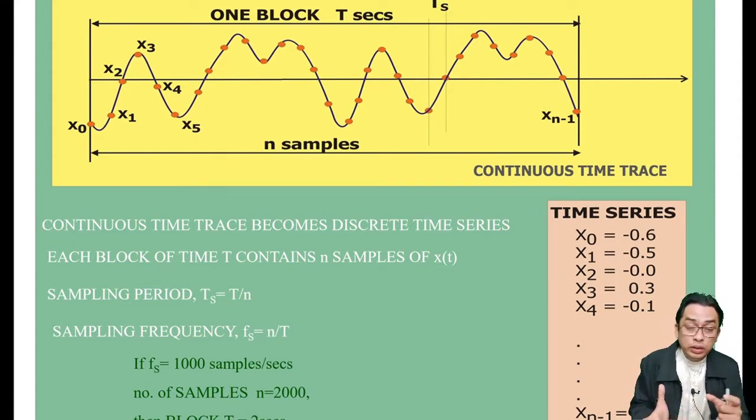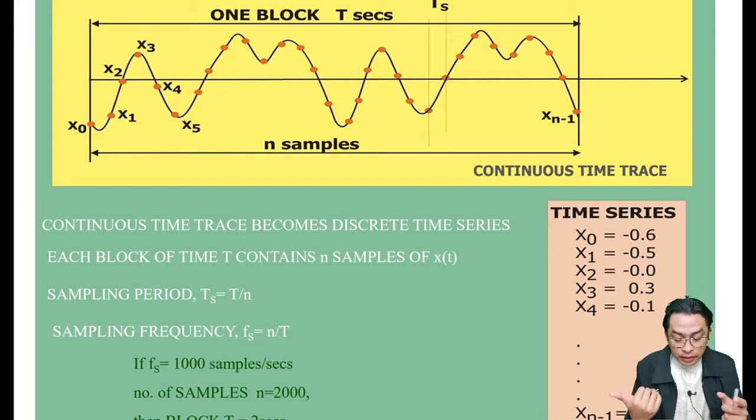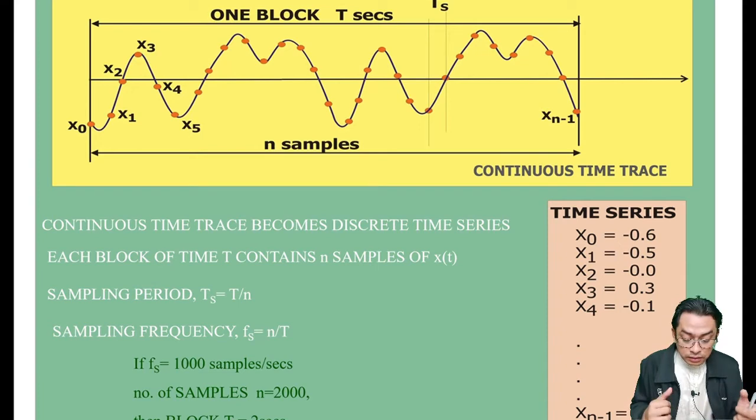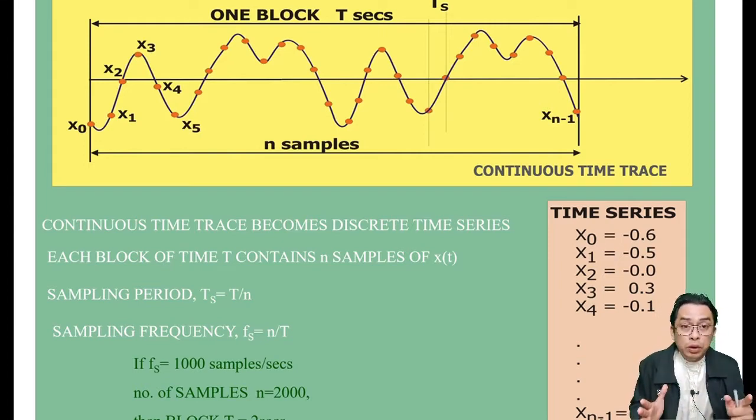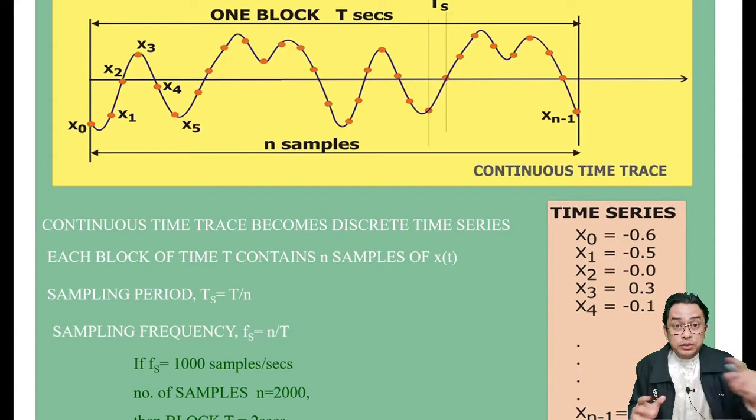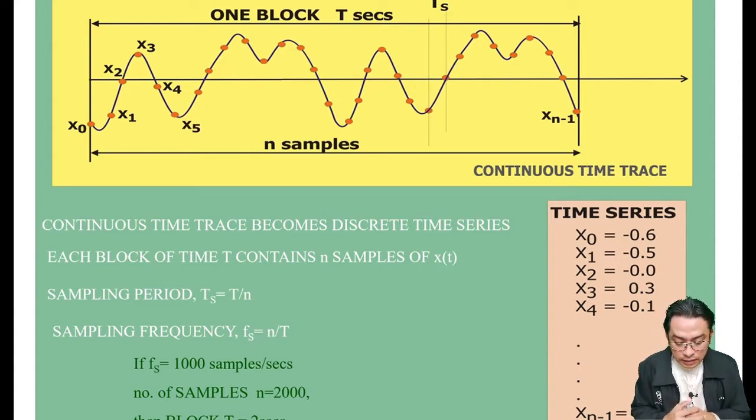The distance between two dots is the sampling period, as I mentioned earlier, and the sampling rate is again just the inverse of the sampling period. So the relation between sampling period, sampling frequency, time for one block, and the block size is given here.